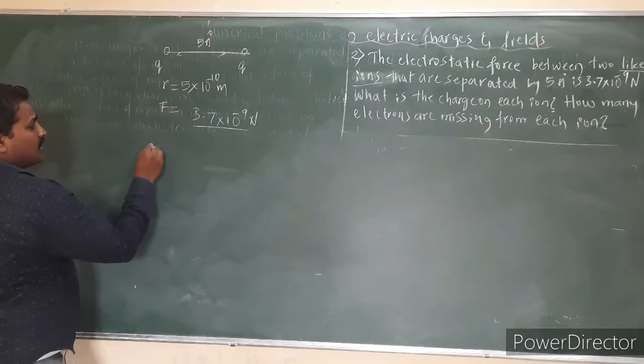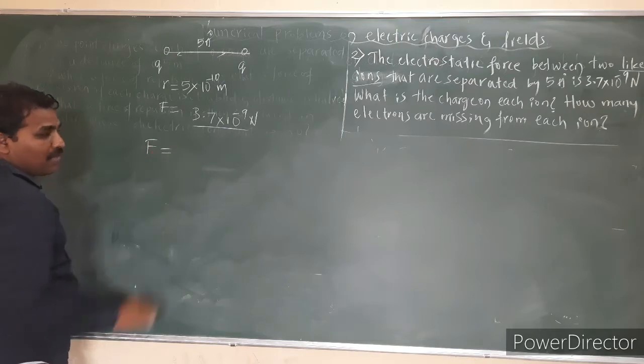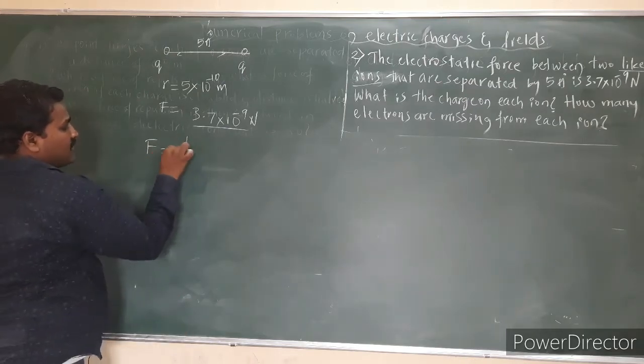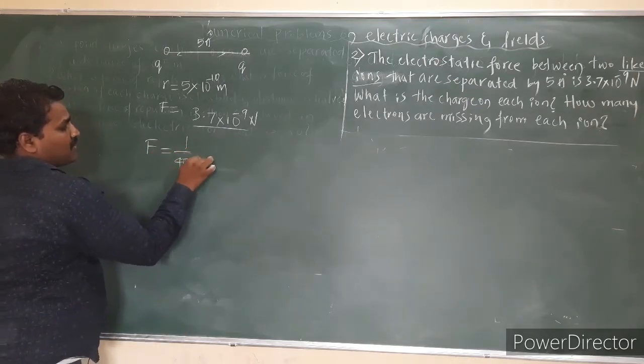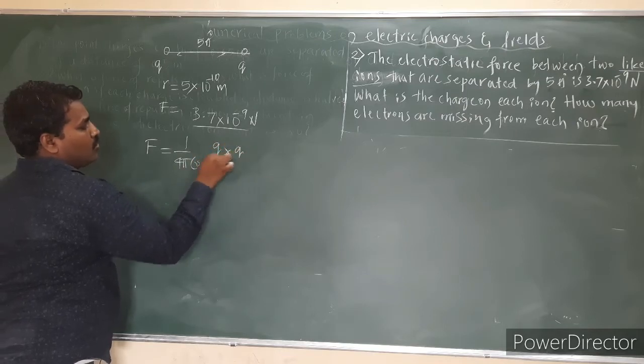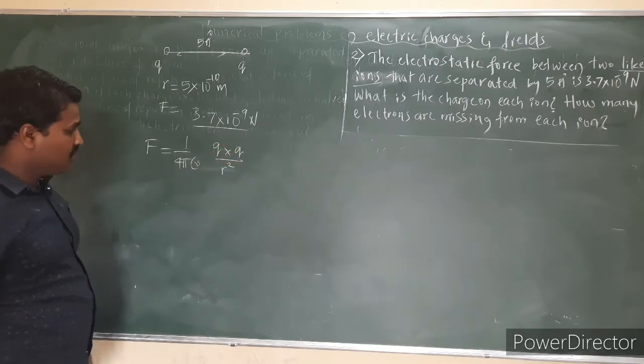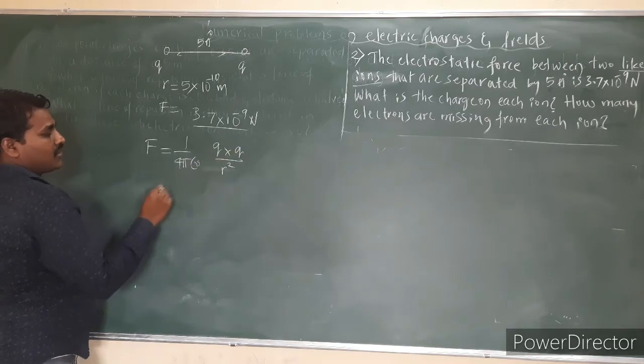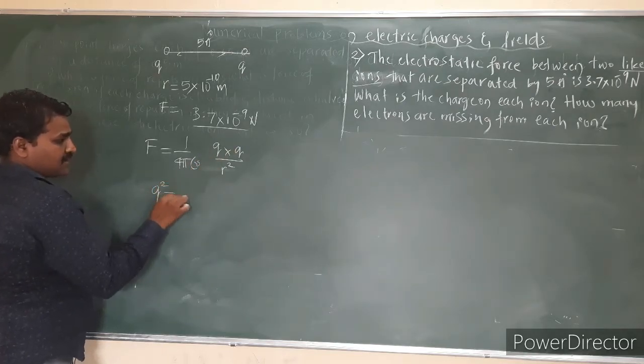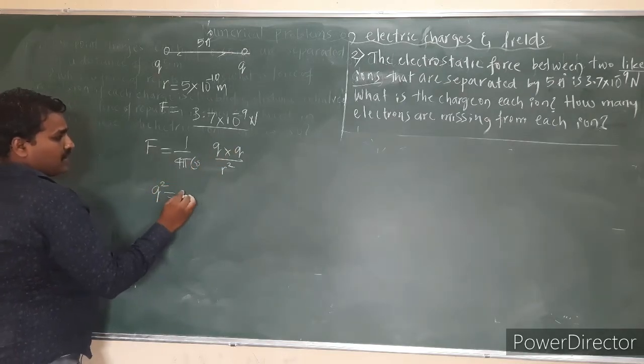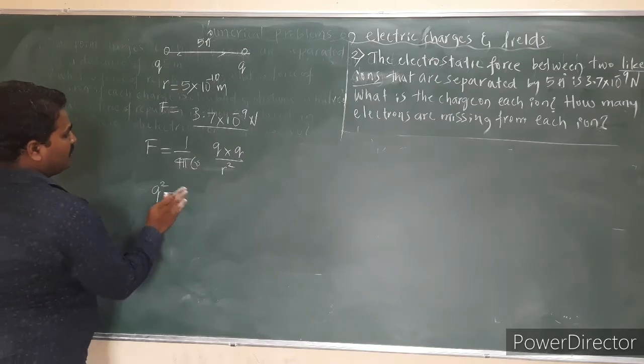Then let me write it by Coulomb's law. F is equal to 1 by 4 pi epsilon naught, Q into Q divided by r squared. I just have to find the value of Q squared here.